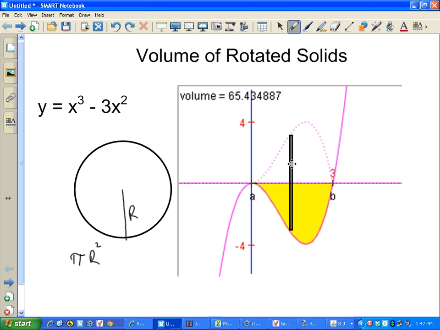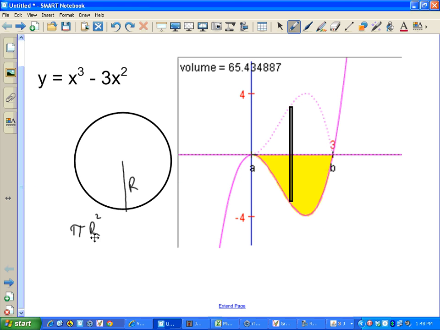Now, as I move and change the representative disc to the left or right, the thing that's going to change is my r, and it's going to change with respect to where it is on the x-axis. So what I would be doing is adding up a bunch of these discs. The width of my disc is going to be like dx. So really what I'm doing is integrating.